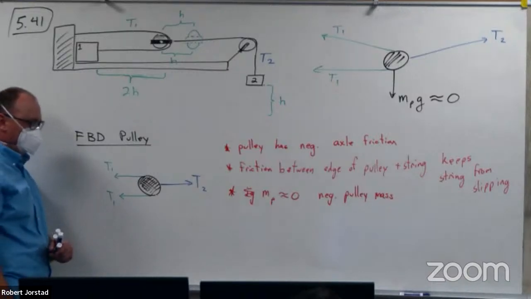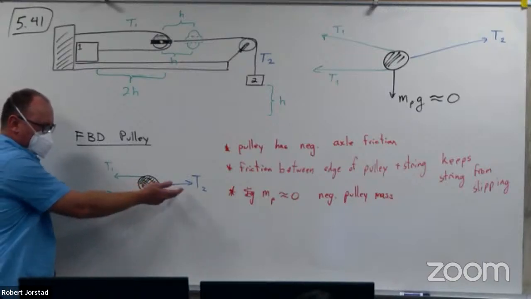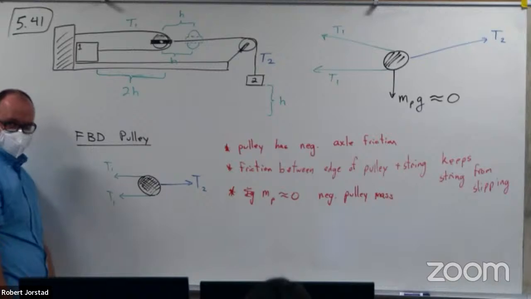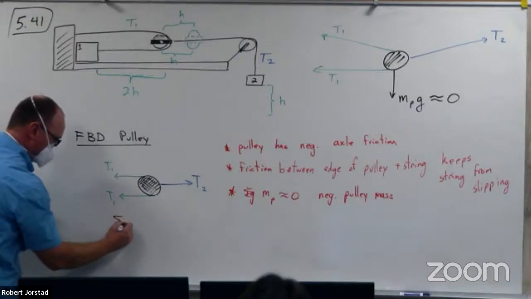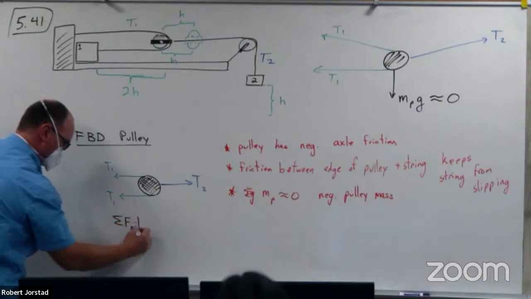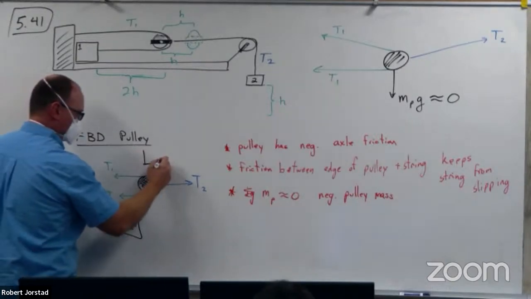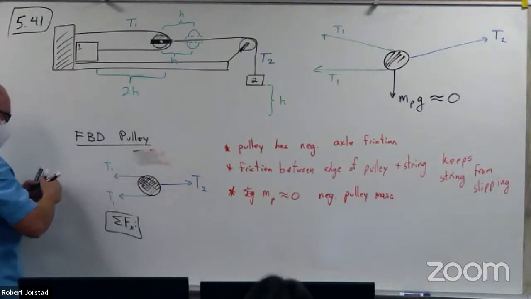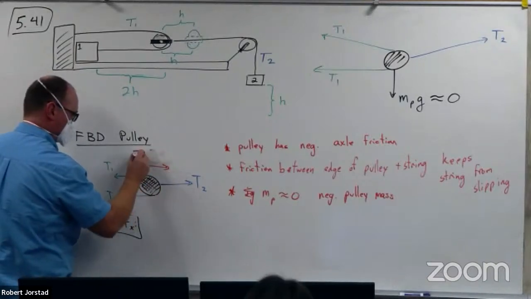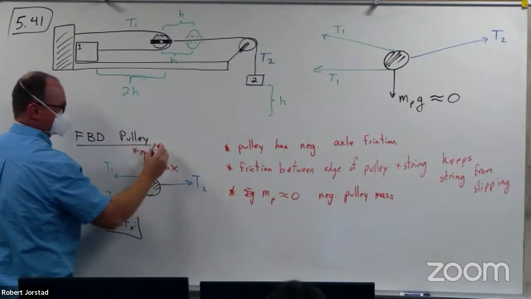In this case, if this is not accelerating, do you agree we could say T2 is equal to 2T1? Or actually, let's do the force equation here. I know you're tired, hang in there. This is X, this is Y. It's going to accelerate this way with some rate a2.